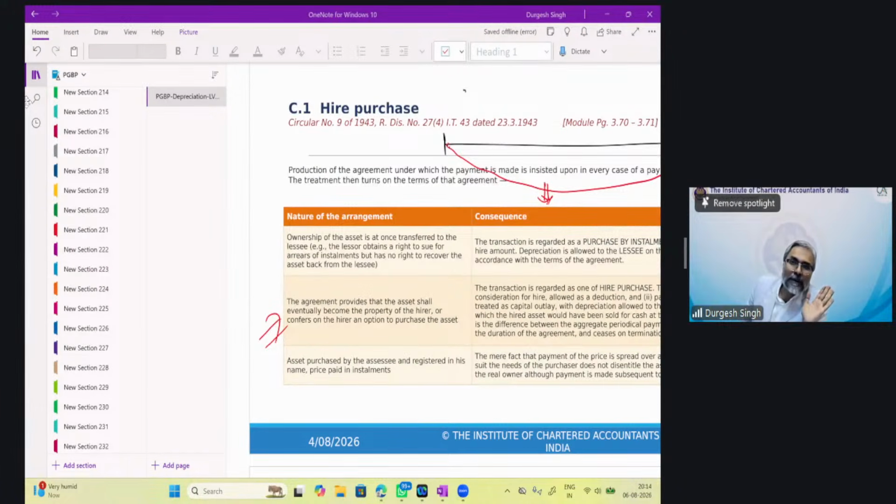Do you all agree to this? In the case of a lease agreement, whether it is a finance lease or an operating lease, even in the case of finance lease, the lessor has the larger control.